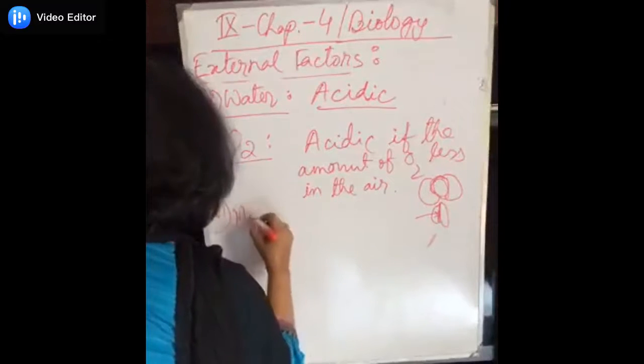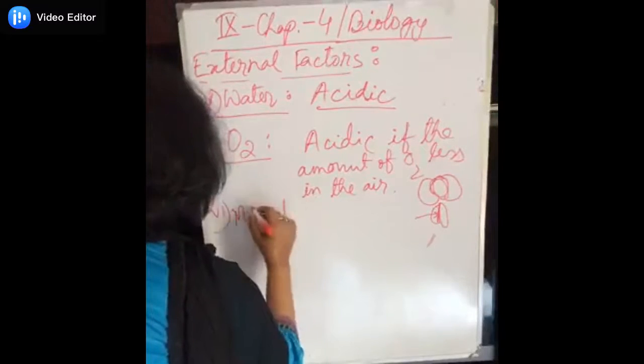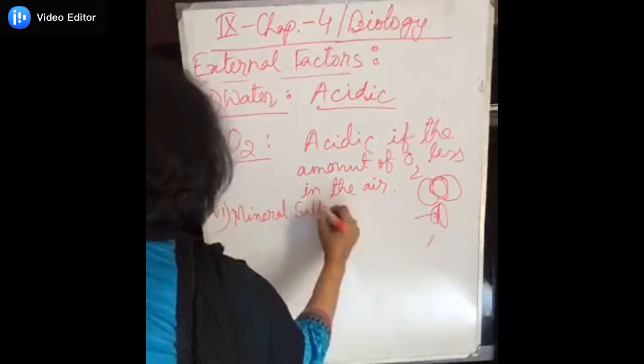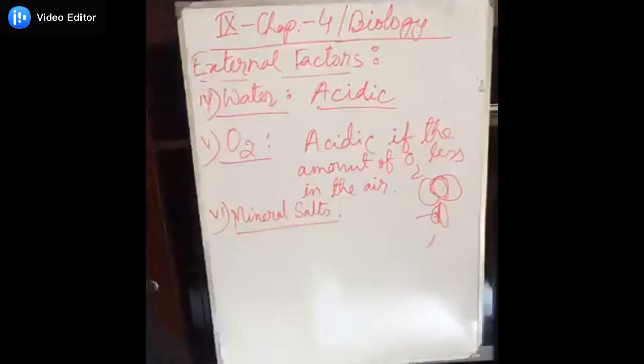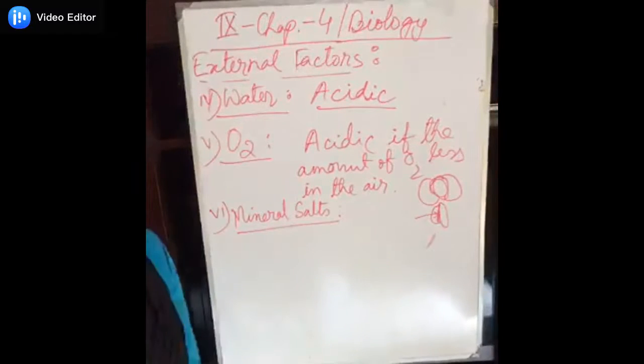Number 6, mineral salts. You know, the plant makes carbohydrate through the process of photosynthesis, but we also get protein and lipids from plants. But how are the plants making their oil or lipids or protein?